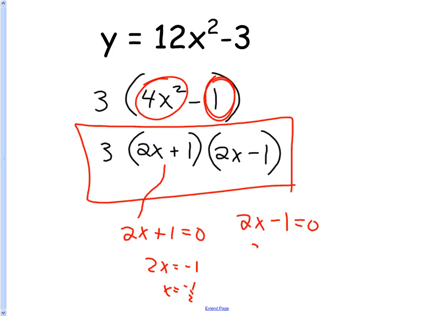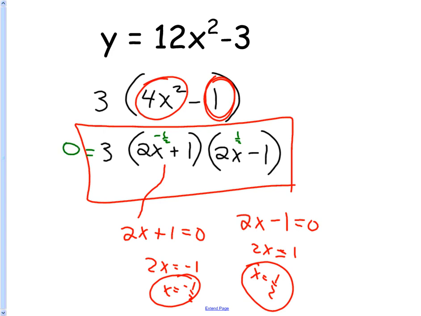And over here, you add 1 to both sides. 2x equals 1, and then x equals a half. All right. So that's why we're doing them, too, so we could find the roots. That's called the zero product property, the thing at the end that we were doing, that was telling us that negative a half here and positive a half here would be my roots, because it's making this equal to 0. And why do we set y equal to 0? Because we want the x intercepts.